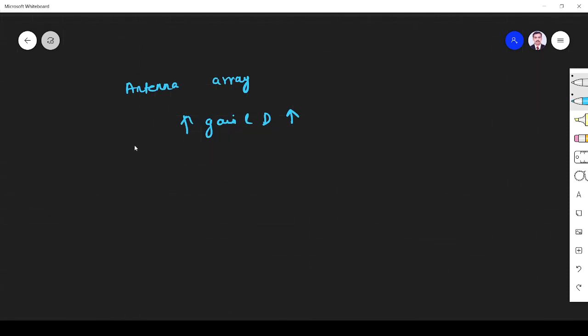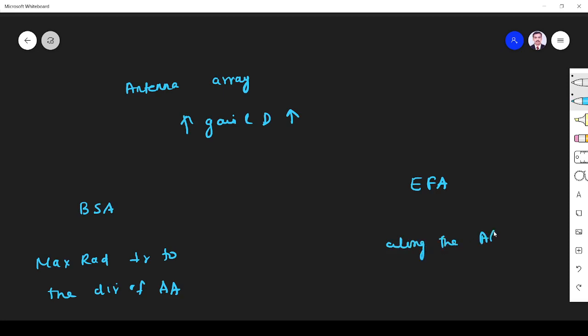Antenna array is a group of antennas. So here we have two arrays. One is broadside array, the second one is end fire array. Right. In broadside array, maximum radiation occurs perpendicular to the direction of the array axis. In end fire array it is along the array axis.